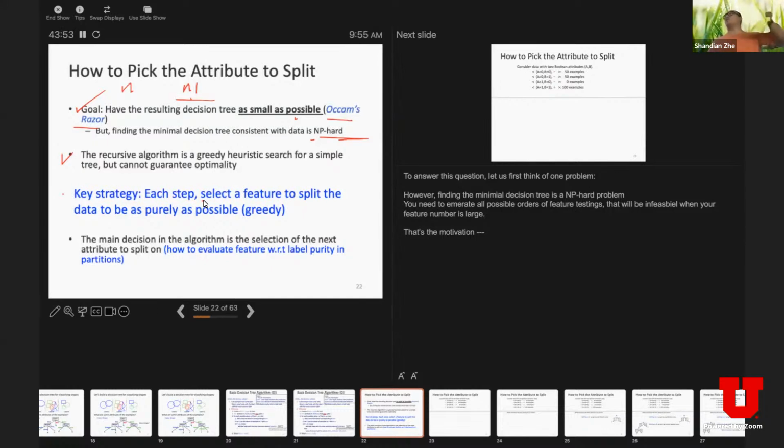Then I'm going to fix that attribute A. Next, I'm going to pick a second attribute, say B, such that applied over all the subsets generated by A, my label purity improves the most. So you can see that every time it tries to maximize locally.